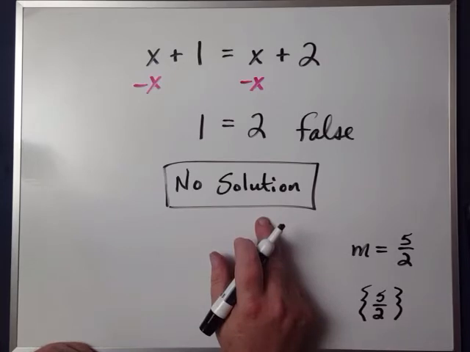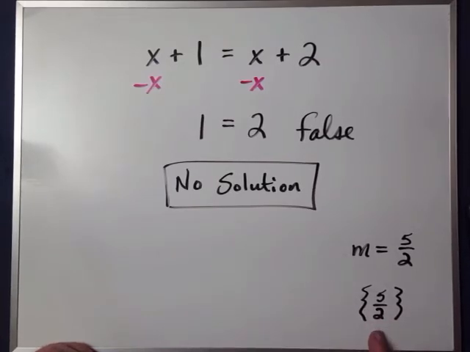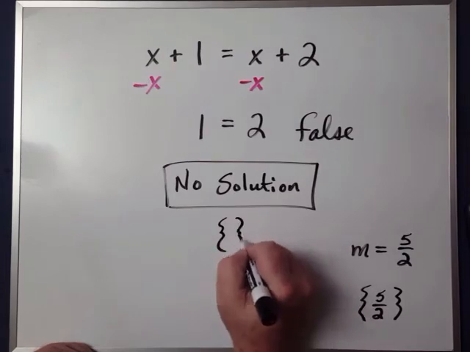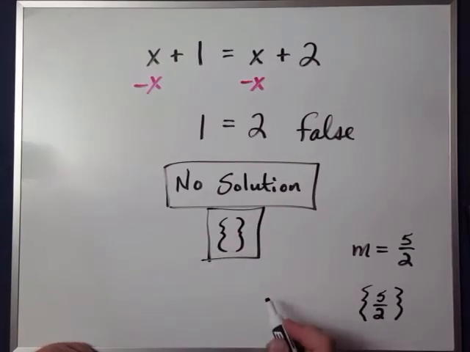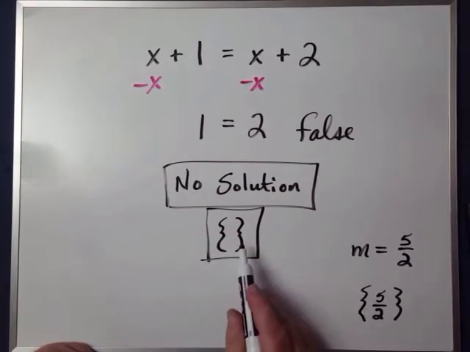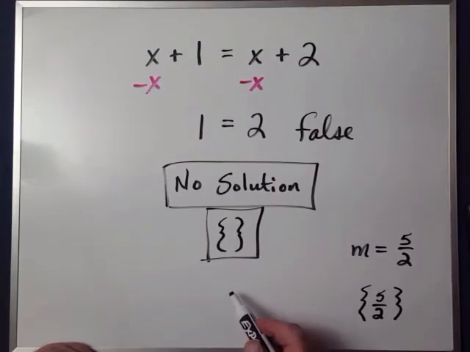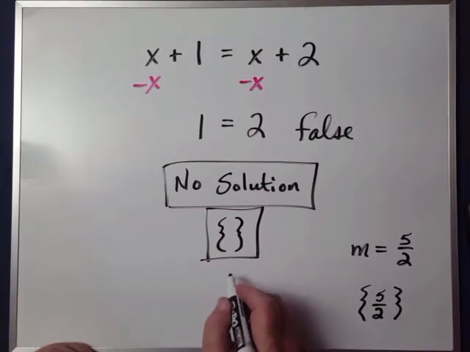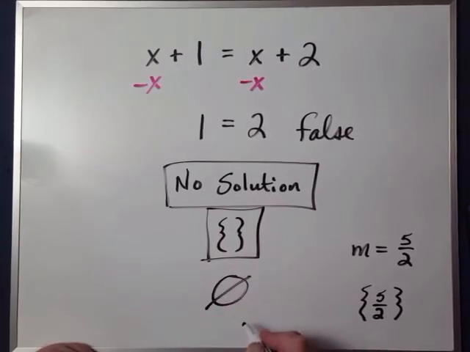When there's no solution, what goes in the braces? Well, nothing. And this is a symbol for the empty set. It is a set that contains nothing. It's like having a dresser drawer that's empty. This also means empty set.